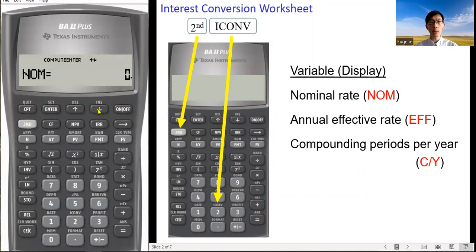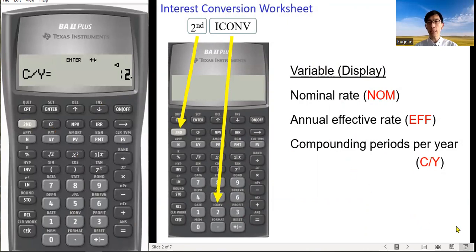The second one is EFF, the annual effective rate. The third variable, CY, corresponds to the compounding periods per year. So if the interest rate is compounded monthly, then CY equals 12. If the interest rate is compounded quarterly, then CY equals 4.